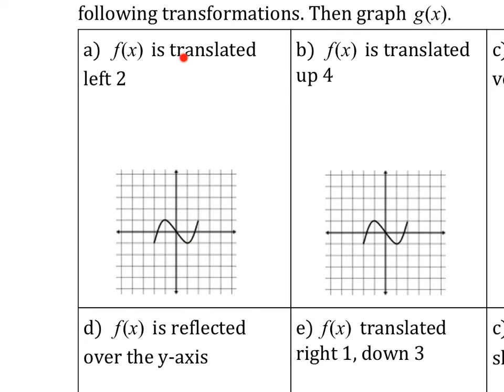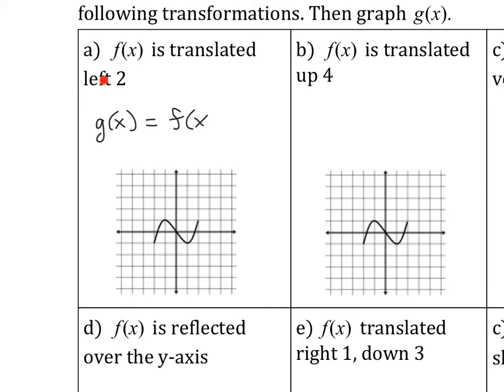They would like us to translate our graph left 2. So first thing to note is that this is horizontal, left or right, so it does need to be grouped with x. So we can say g of x, that's our new function, equals f of x.